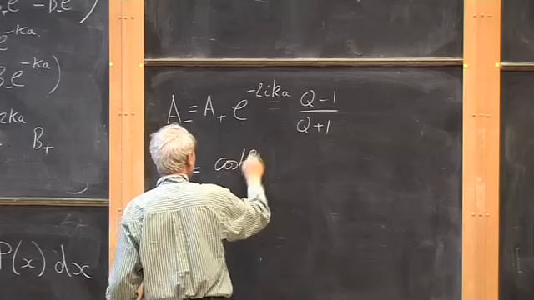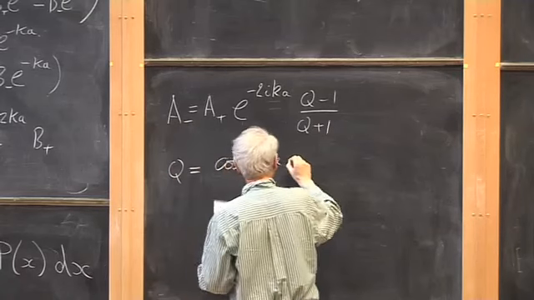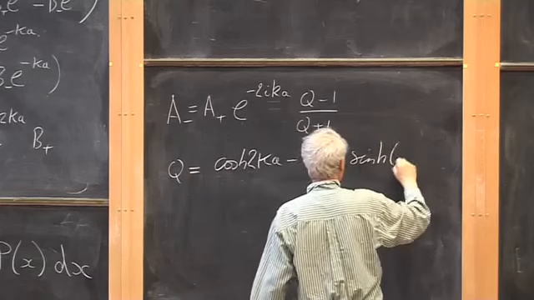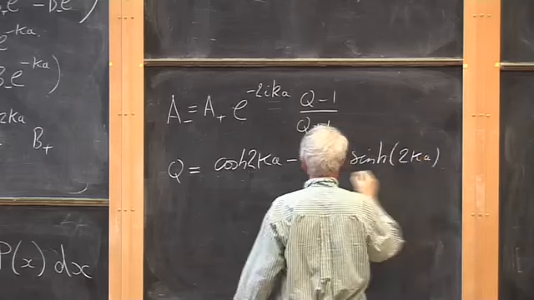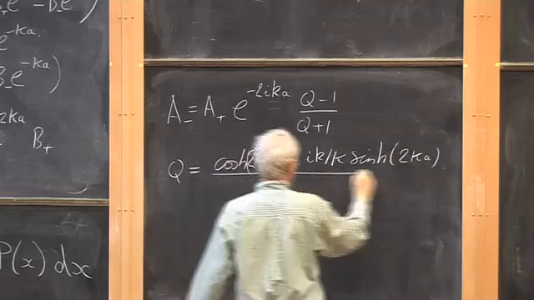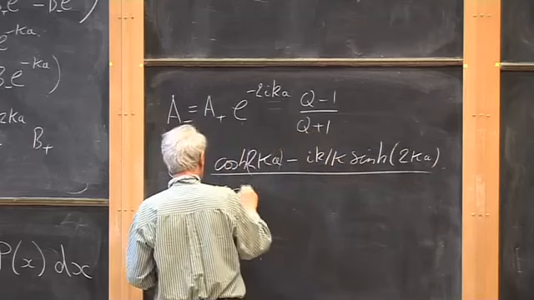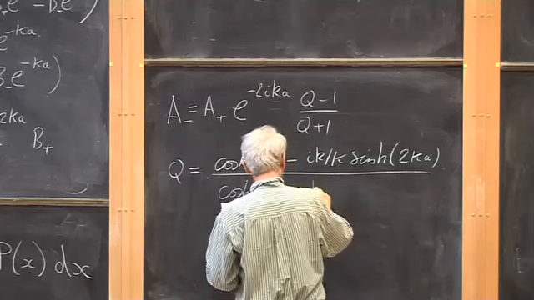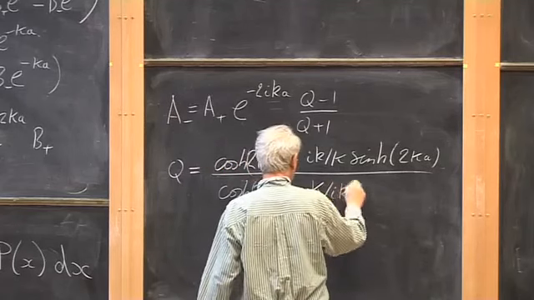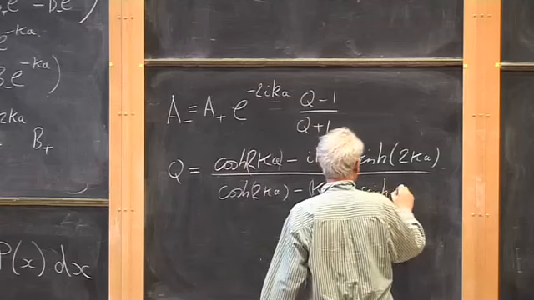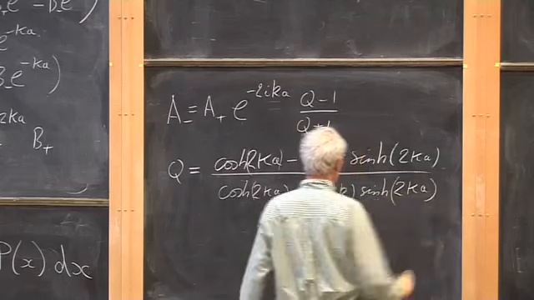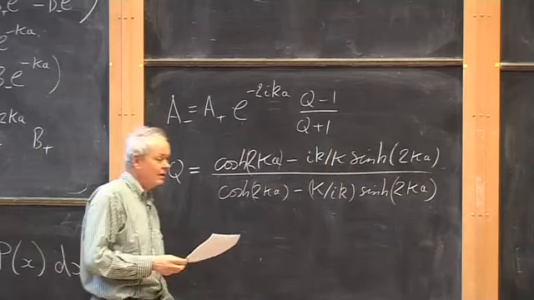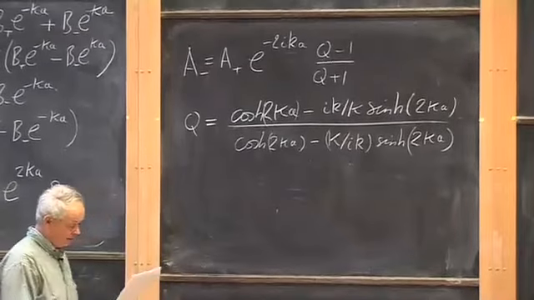It's cosh 2 Ka minus I k on K hyperbolic sinh of 2 Ka, all over cosh 2 Ka minus big K over Ik of sinh. So the algebra is, as promised, altogether more messy than it was yesterday, because we're not exploiting parity.